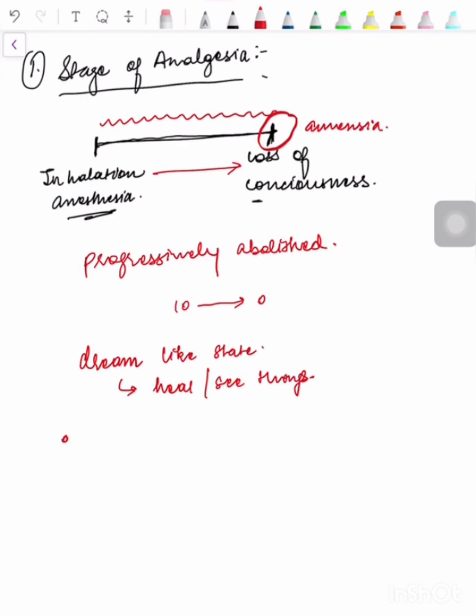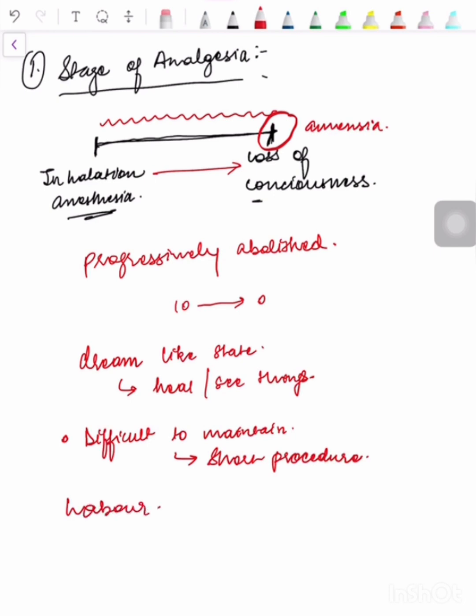Because it is difficult to maintain this stage for a really long time, it is used only for short procedures. And what can those procedures be? Those procedures can be labor, or some kind of incision, or some minor operations.